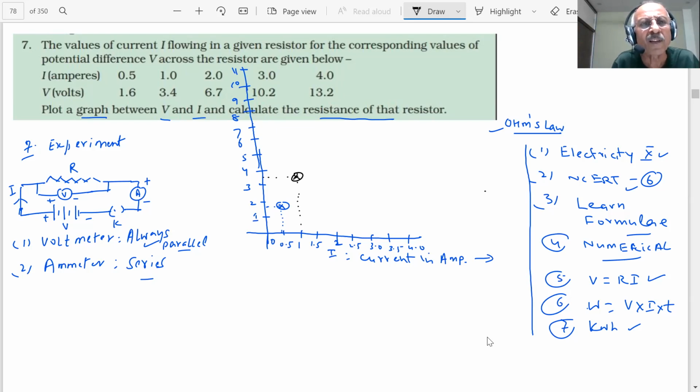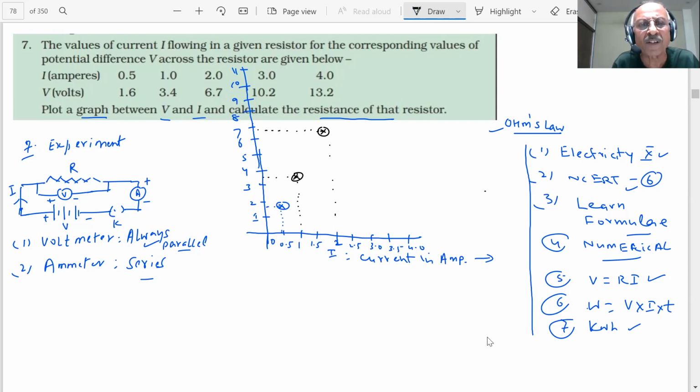Then 2. This is my 1. After that, 2 amperes is the current, and 6.72. 2 amperes, 6. You can draw more points.